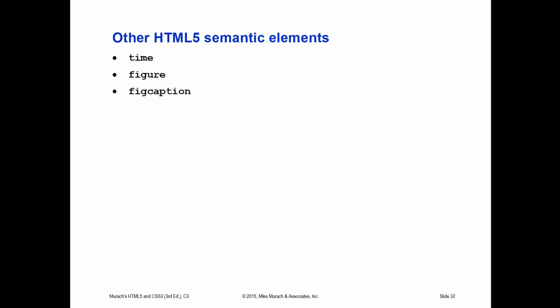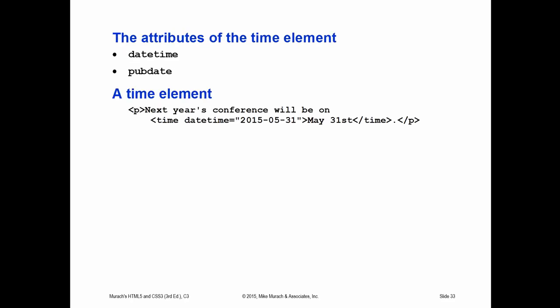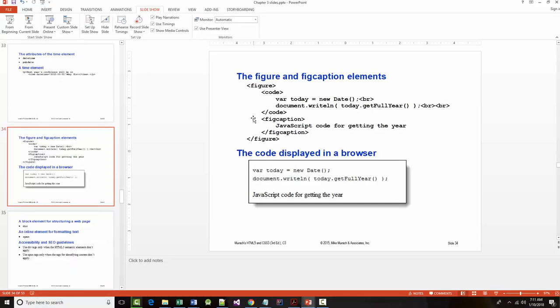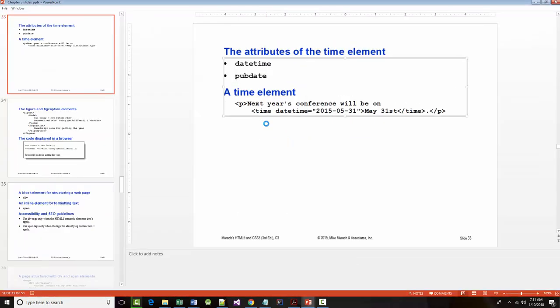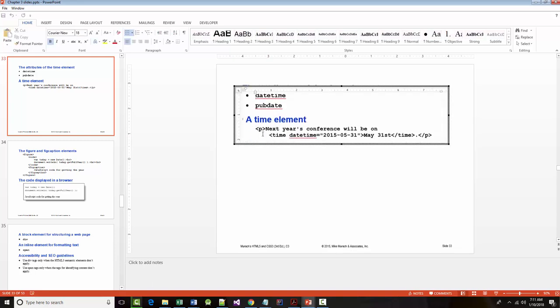There are other ones. There's a time tag. There's a figure tag that you use with figures. You can add captions to a figure with a figcaption tag. The time tag allows you to put in a time value, so again, let's grab this one. I'm just grabbing their text rather than having to type in a lot of text.